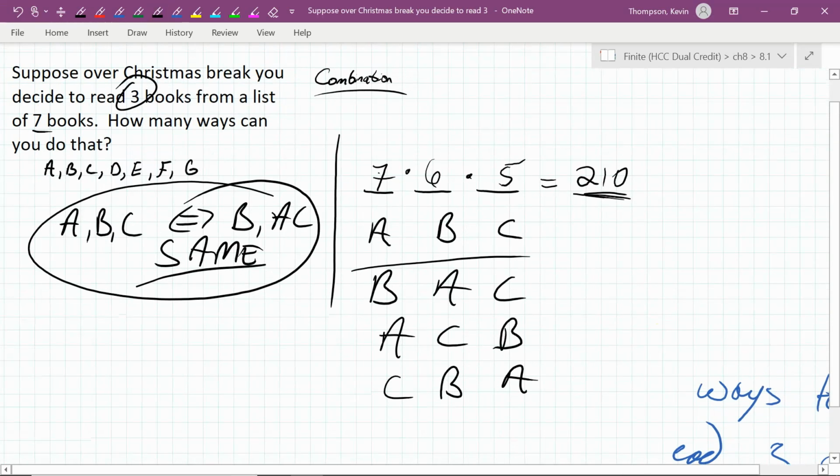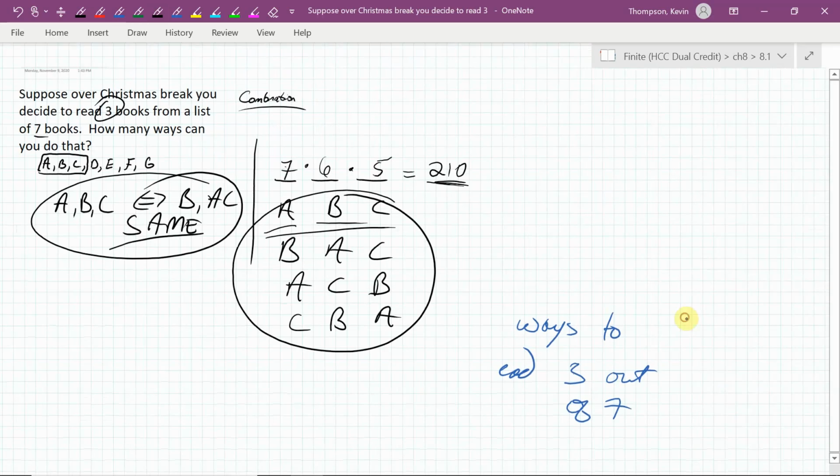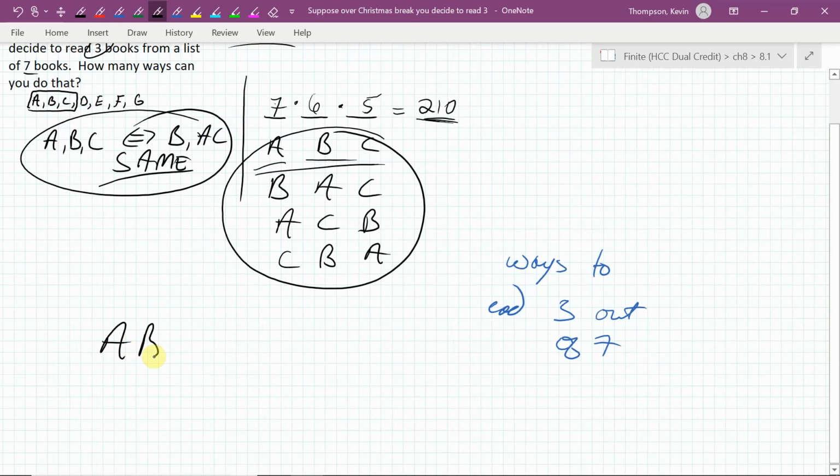So if I chose to read the first 3 books on the shelf, how many ways could I write down those 3 books? So books ABC, how many ways could I write them down? One way is ABC.